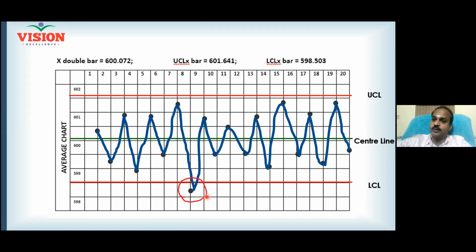So that particular set of output products deserves a 100% inspection, and only then can your customer be assured about the quality. Otherwise, there will be a lot of consequences because of this single point. So don't ignore this by saying that it is just 1 point. 1 point also is very important.